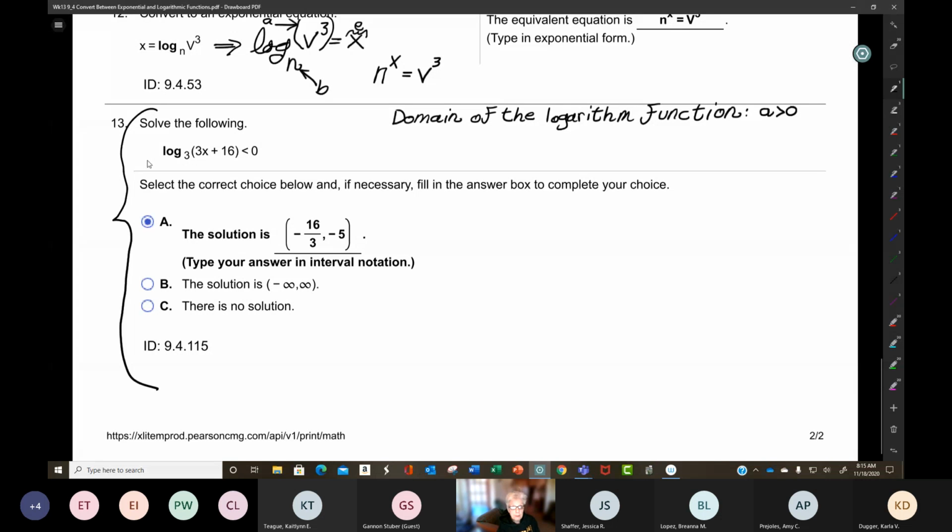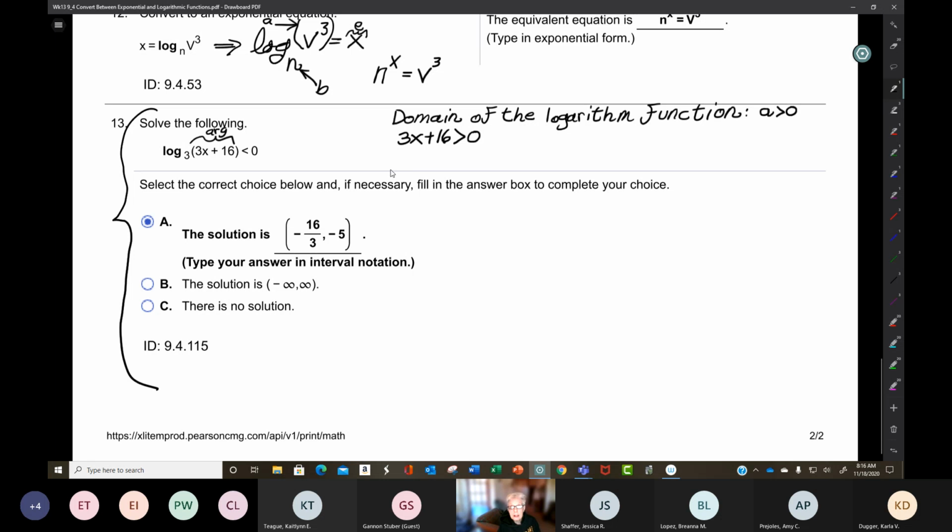All right, so what does that mean for this function? Here's the argument right here. Well, 3x plus 16 has got to be strictly greater than 0. Now I can solve this. You can solve inequalities 99% of the time. They're just like solving equations.